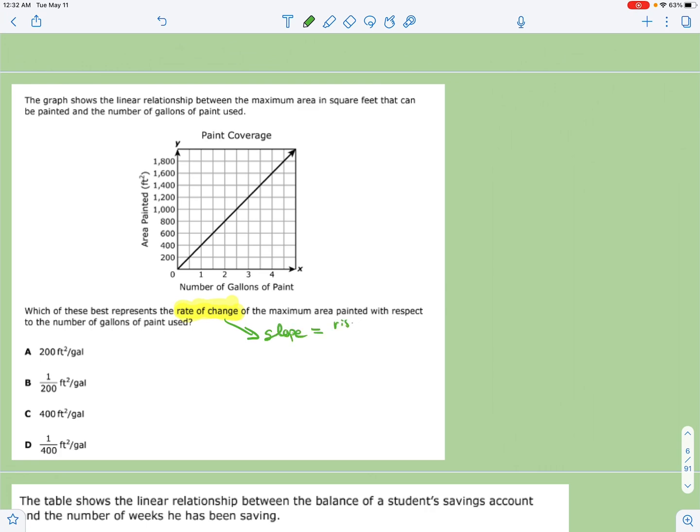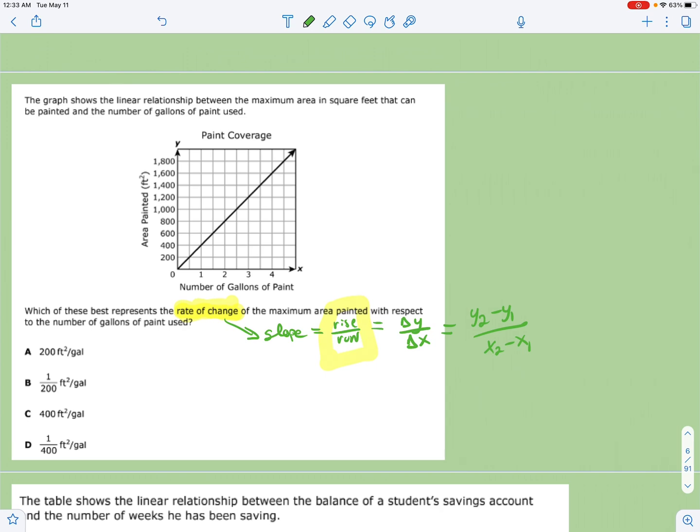Because based off of our notes, we know that the rate of change also means slope. And slope means rise over run, or change in y over change in x, which if we have 2 points, we say y2 minus y1 over x2 minus x1. Now that may seem like a lot, but you can determine which one you want to use. Particularly with the graph, we probably will want to focus on the rise over run.